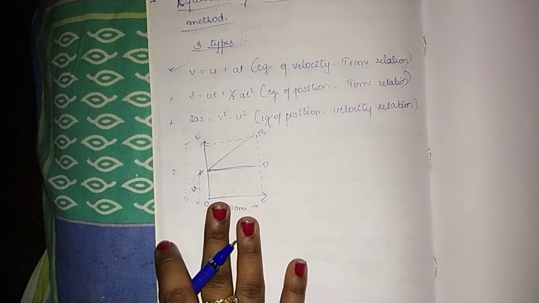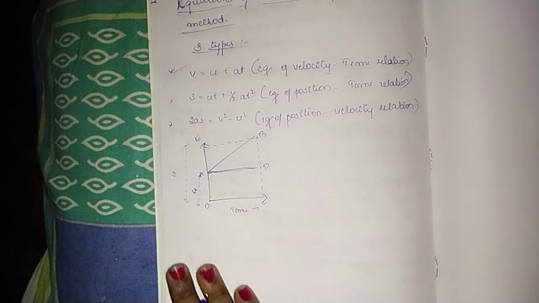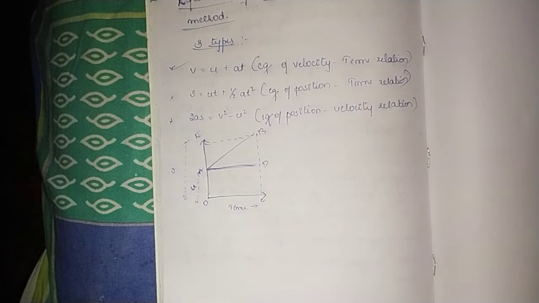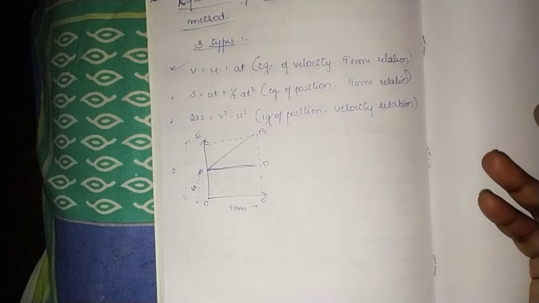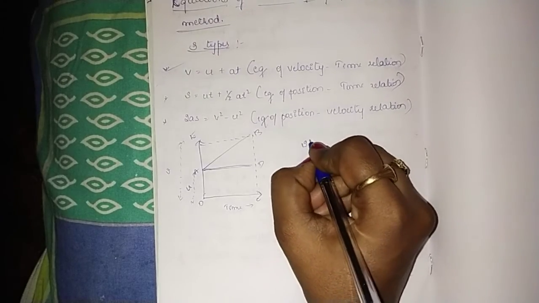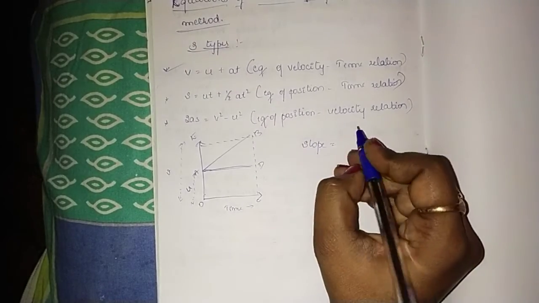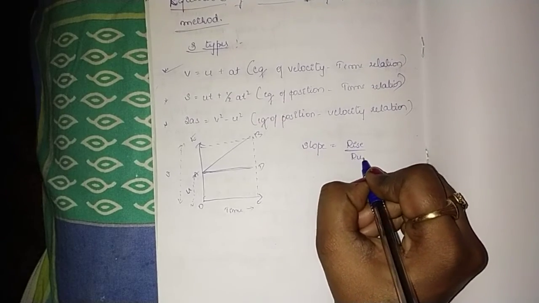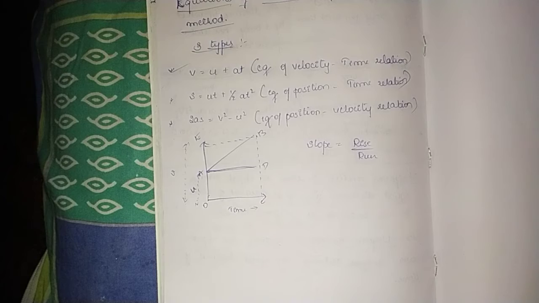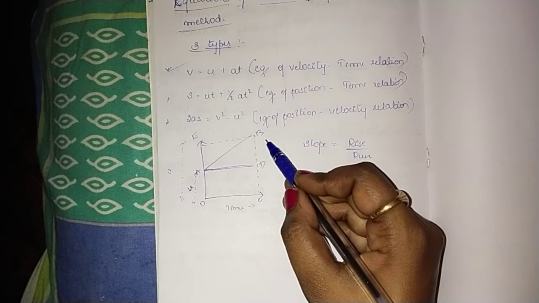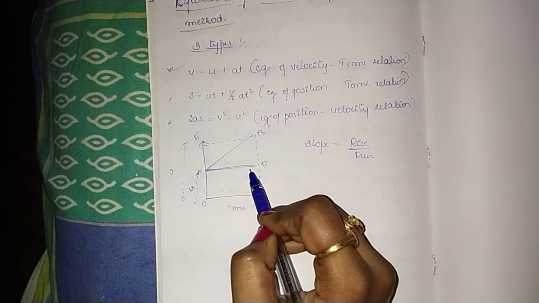Got it, children? Now let us learn: the slope of the velocity time graph, AB, is nothing but acceleration. So AB is the acceleration. We have to learn that slope equals rise by run. This is the rise, BD is the rise, and run is AD.